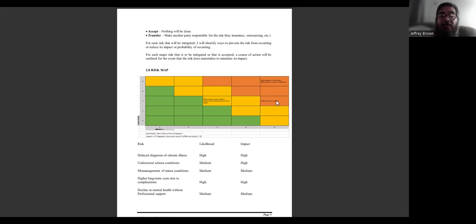So that's over here. And then mismanagement of minor conditions and also decline in mental health without professional support were both medium. So that's right here in the middle of the chart. And then the higher long-term costs due to complications are both also very high up here in the corner.